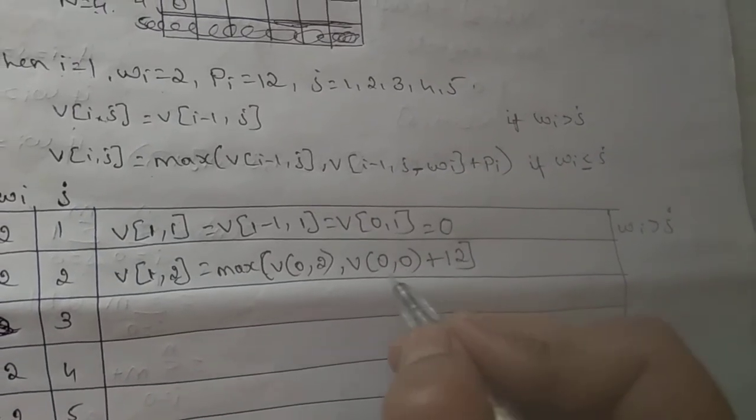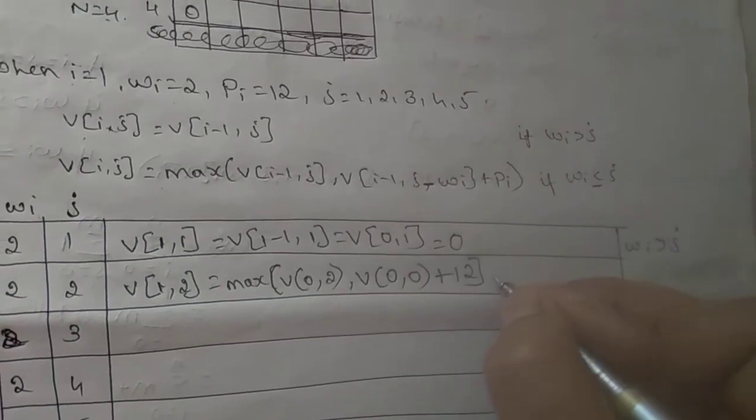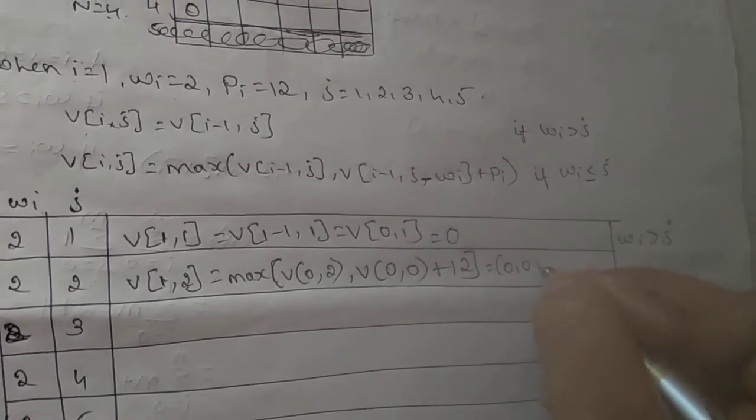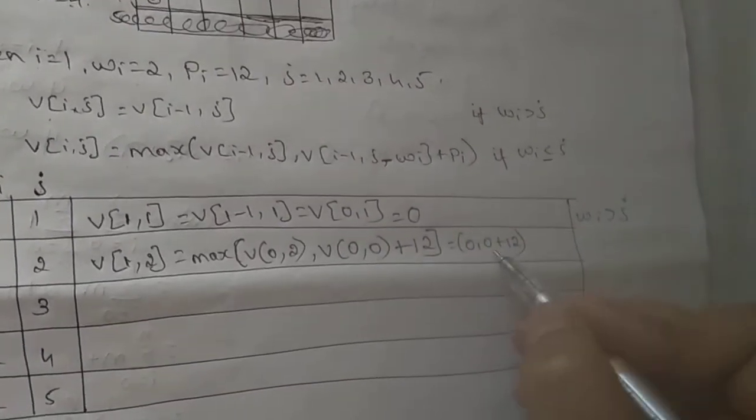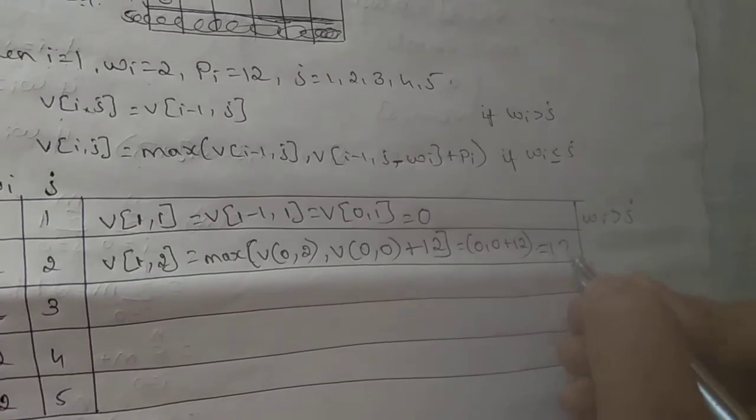Both are 0. So you get 0 and 0 plus 12. Which is maximum? 12 is maximum. So the value of this is 12.